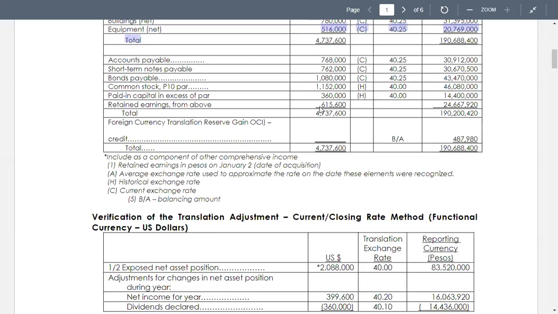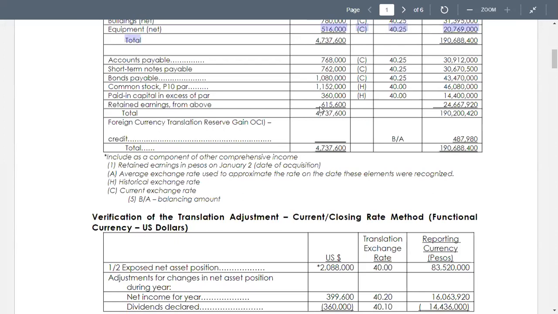Just like in the current rate method, we use 0.16, the current rate on December 31, 20x9. So, repeat: accounts payable 0.16C, accounts receivable 0.16C, cash 0.16C, and notes payable 0.16C. So these are the only monetary assets and liabilities.